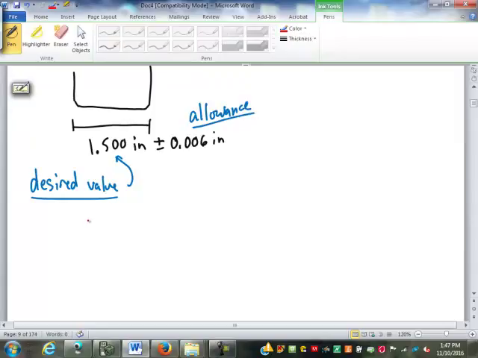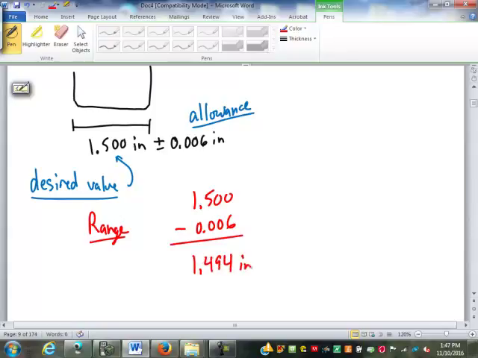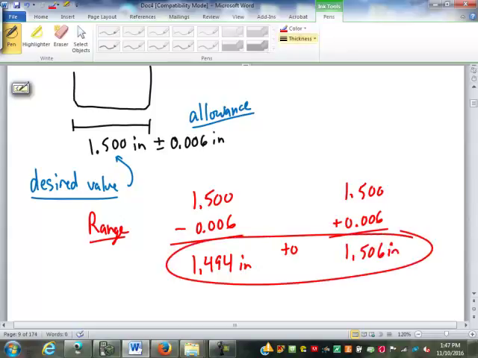So what it is creating is a range, just like we had with our other measurements. The range is the 1.50 minus the 0.006, or 1.494 inches, to 1.500 plus the 0.006, or 1.506 inches. Simple enough? Okay.